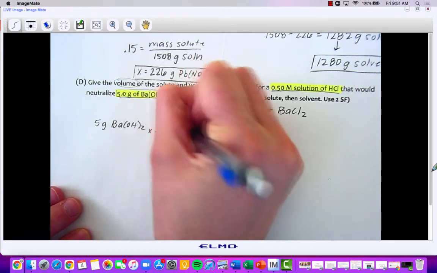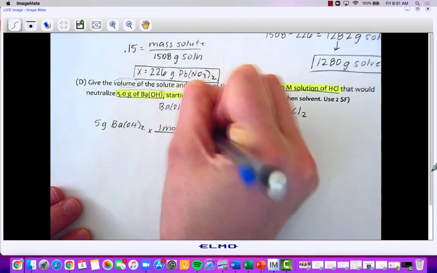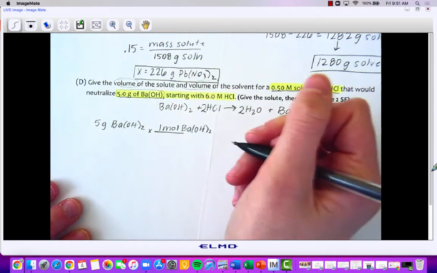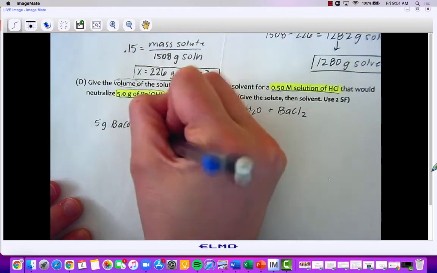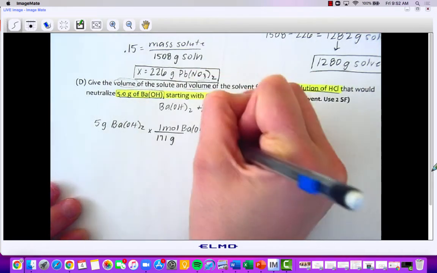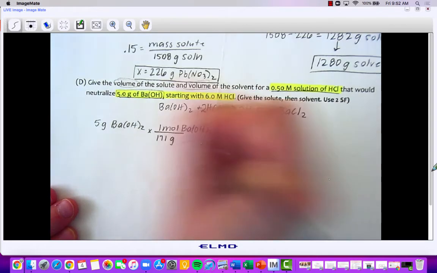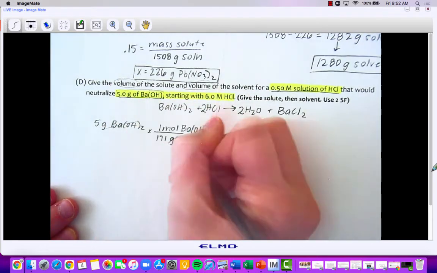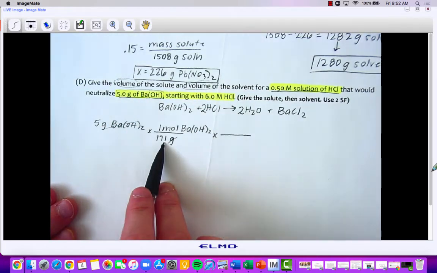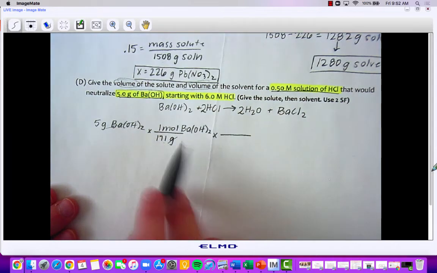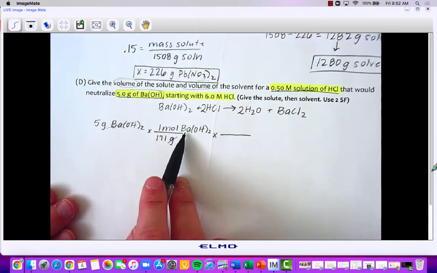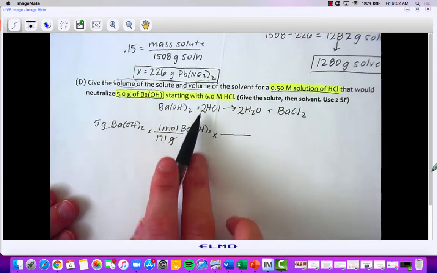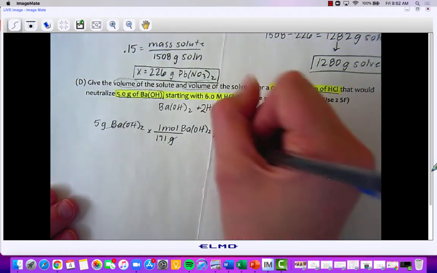So let's go to moles. All right, always go to moles. Molar mass of barium hydroxide, 171 grams. Again, this is just molar mass, added it up. So I'm at moles of barium hydroxide. Now I'm doing stoich. I need to stoich from barium hydroxide to HCl. I need to know how many moles of HCl are required.